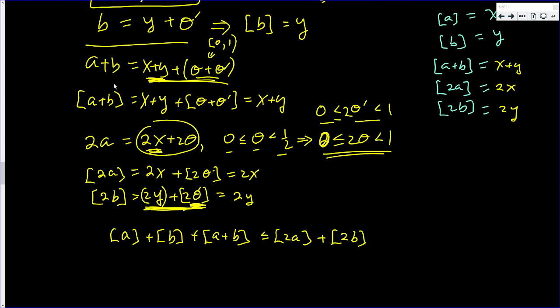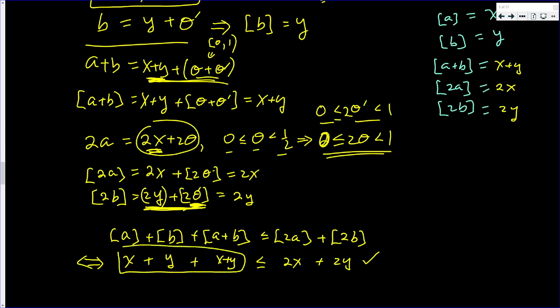Now, the integer part of a is x plus y plus x plus y. So if and only if this is less than 2x plus 2y. And they are, because this is 2x plus 2y, and this is 2x plus 2y, so they're equal.